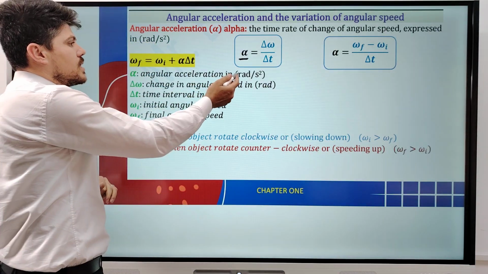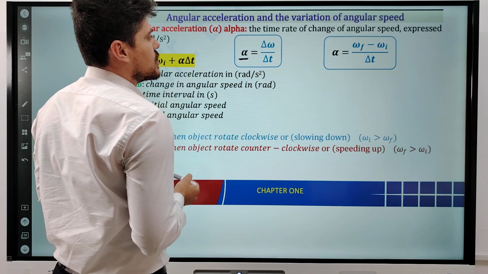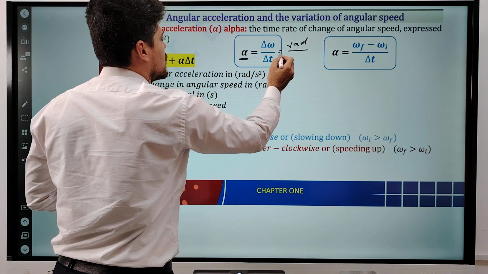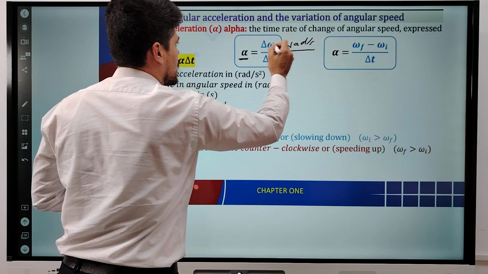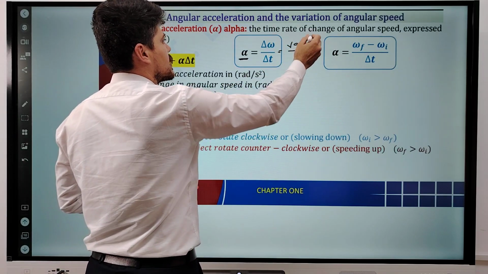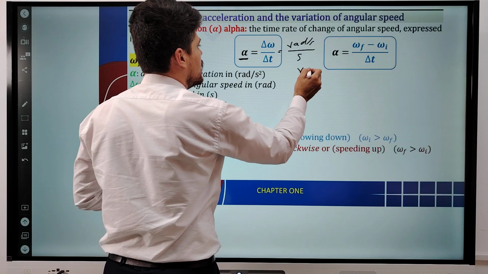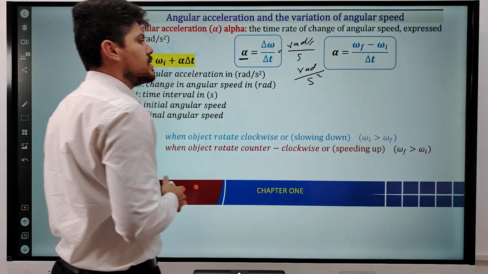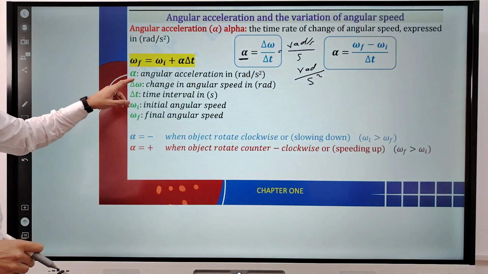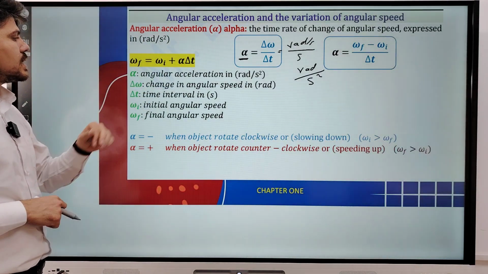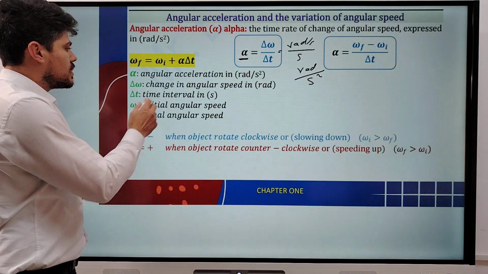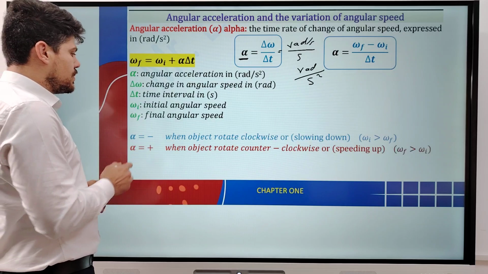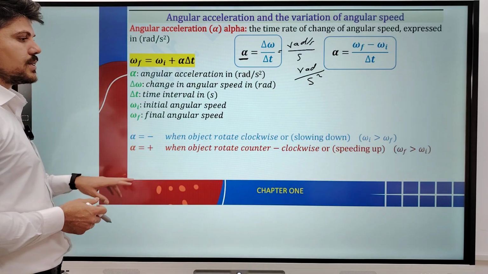And delta omega is expressed in rad per second, because omega is measured in rad per second, divided by second becomes rad per second squared. So that is why angular acceleration is measured in rad per second squared. Alpha is angular acceleration, delta omega is change in angular speed, delta t is the time interval measured in second, omega initial is the initial angular speed, omega final is the final angular speed. Okay.